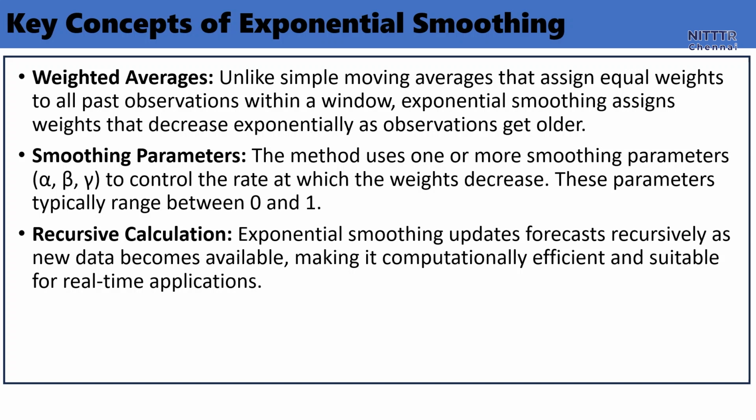The next important thing is the smoothing parameter, a smoothing constant called alpha, beta or gamma, whose values vary between 0 and 1, and these parameters help us to adjust between responsiveness and smoothness. The third thing is recursive calculation. In exponential smoothing, this recursive calculation carries all the past data in it, which makes it computationally efficient and suitable for real time applications.